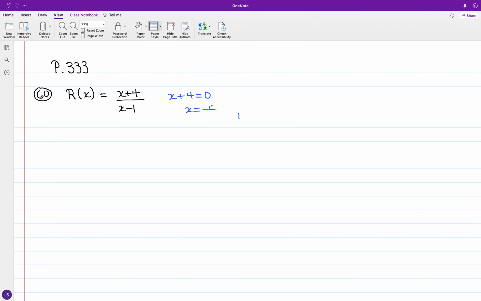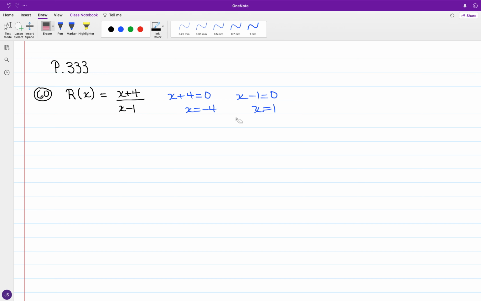And for x minus 1, if I set this equal to 0, I have that x is equal to 1.